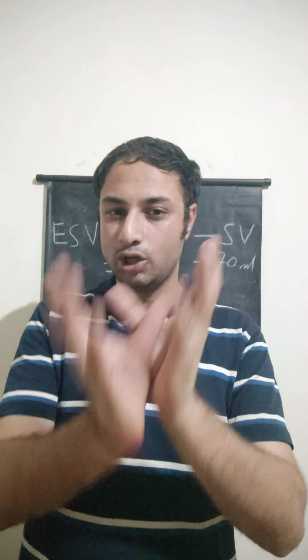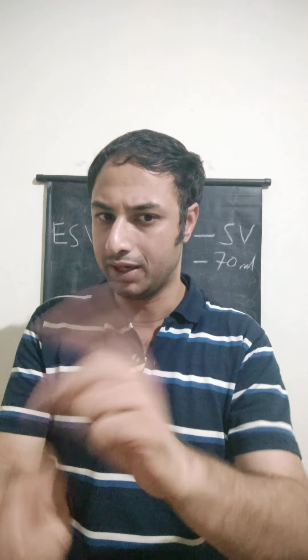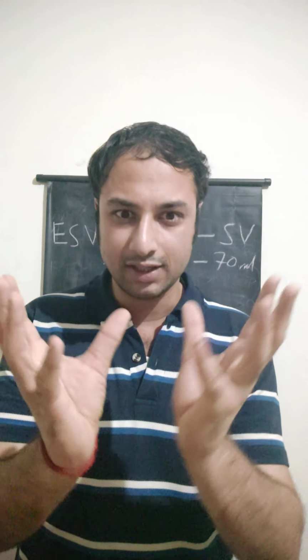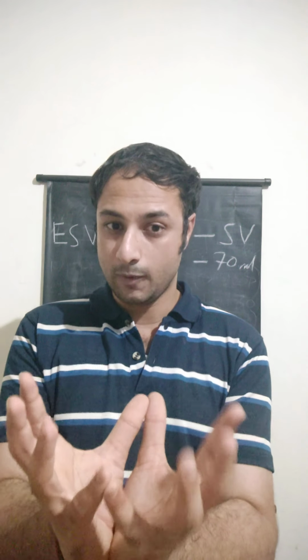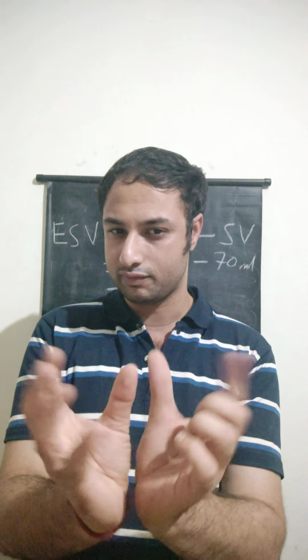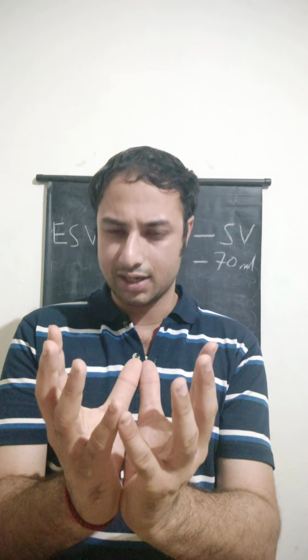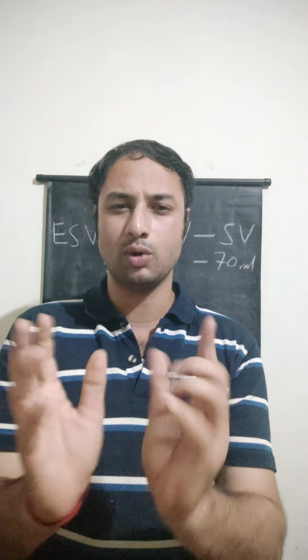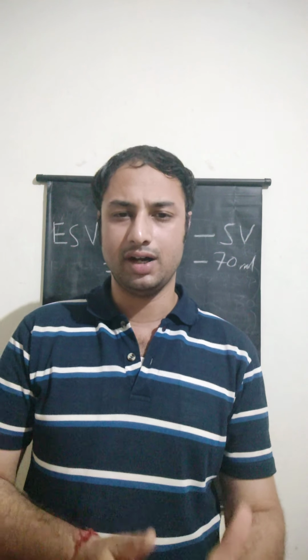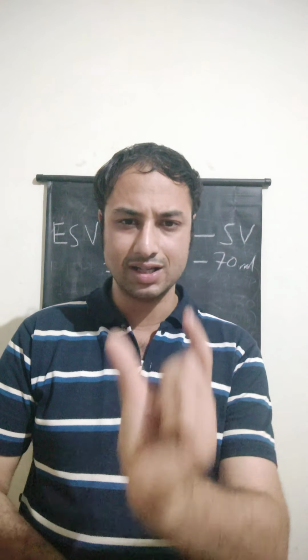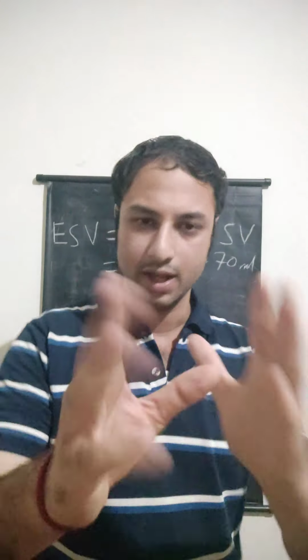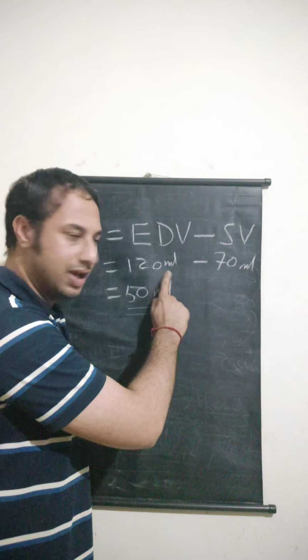At the end of diastole, systole of both ventricles will start, but right now they are in the relaxed state. So just before the contraction starts, how much blood was filled in both the left ventricle and right ventricle? That is called end diastolic volume. Its value is 120 ml.